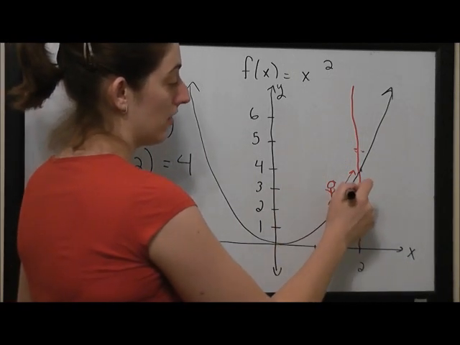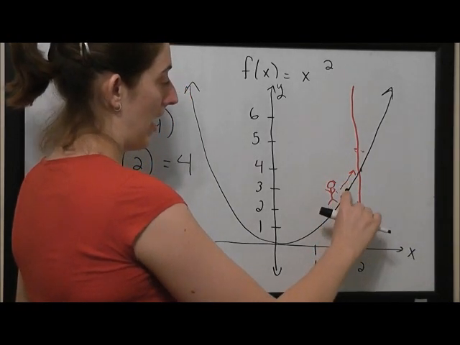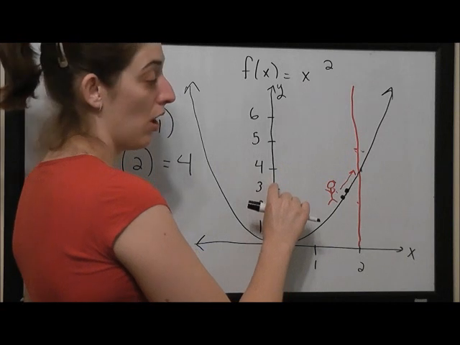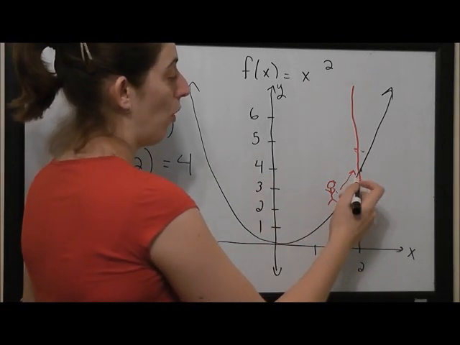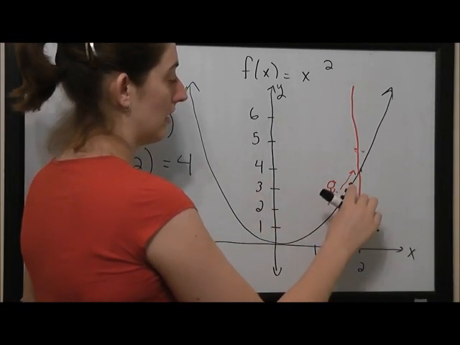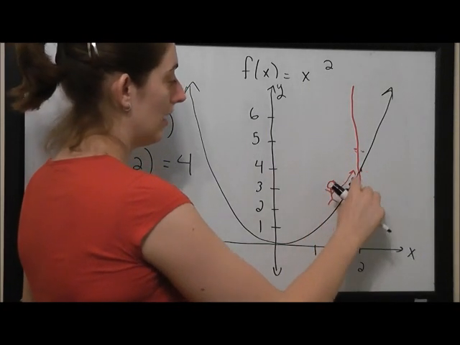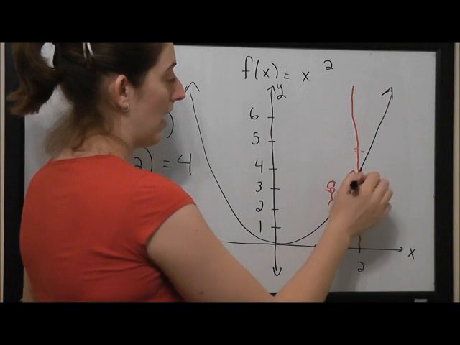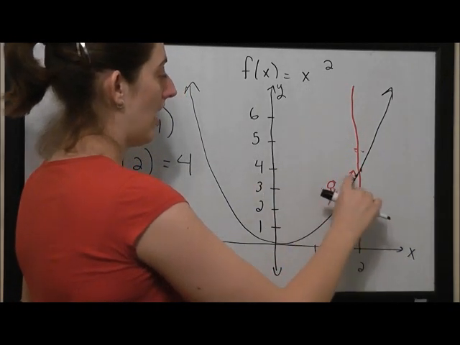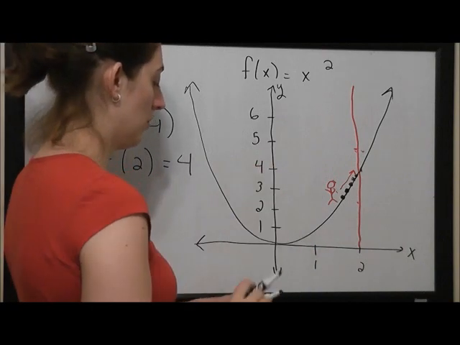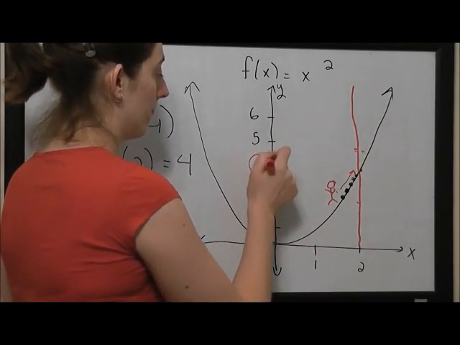And then I take another step forward, and I get a little closer to that line. It looks like maybe now my height's 3 1/4. And we keep walking, and it looks like now my height's maybe 3 1/2. We keep walking and walking, and each time my height gets closer and closer to 4.